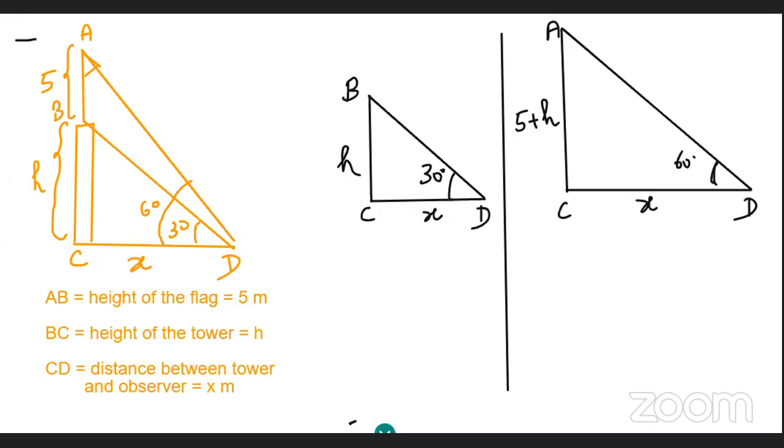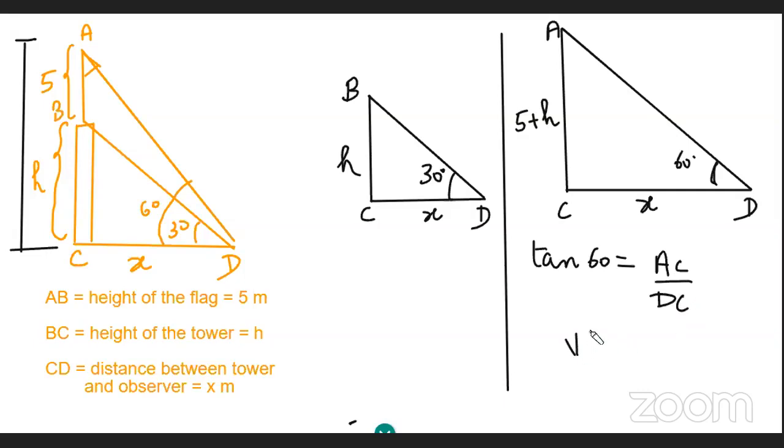Now, which triangle should I solve, BCD or ACD? ACD, because we have one of the measurements with us. So let's start. Tan 60 is AC upon DC, or CD. Tan 60 is root 3 equals h plus 5, or 5 plus h, one and the same thing.